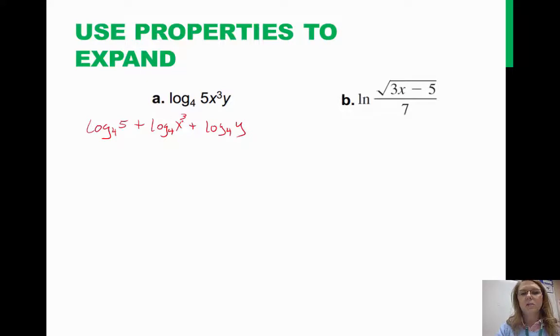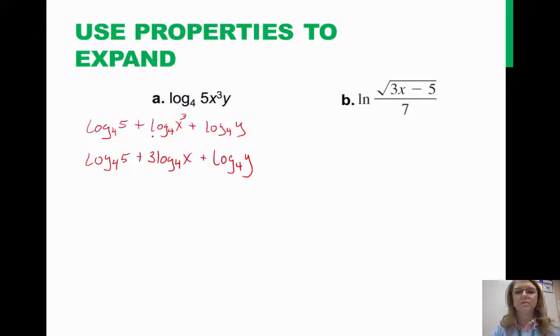Now notice this is to a power, and because it's to a power, I can move that to the front using our properties. So now I'm done expanding this particular logarithm.